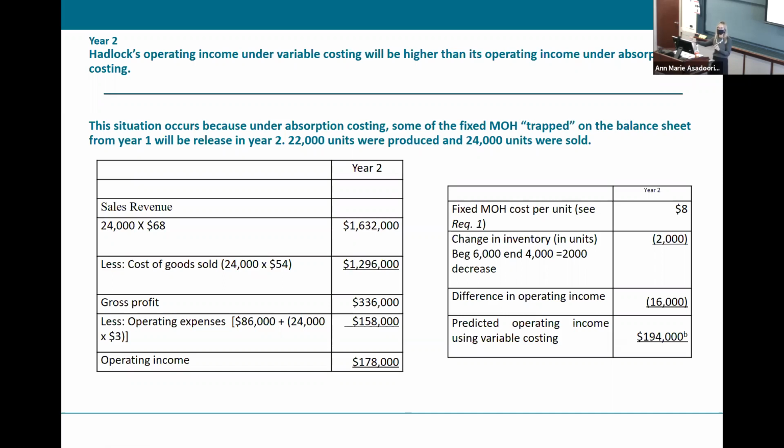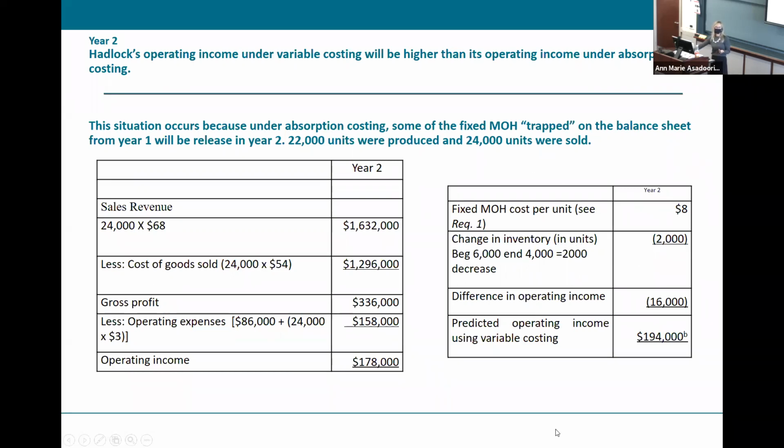They're in here, they're expense. But I also have units from another period that are getting released here as well. So when I'm looking at the difference, when your inventory levels go down, that means that you are selling more than what you have produced. And that means your net income is going to be higher under variable costing.